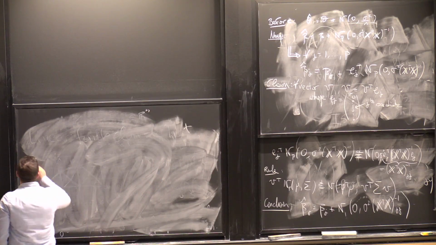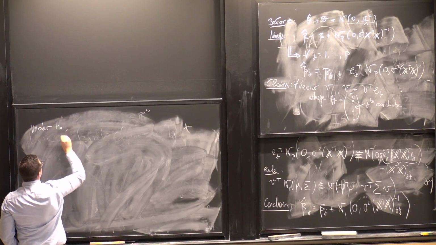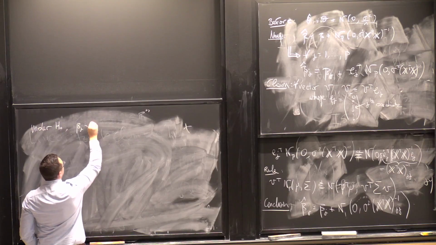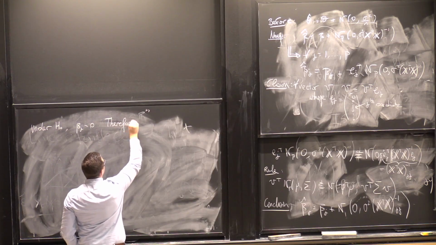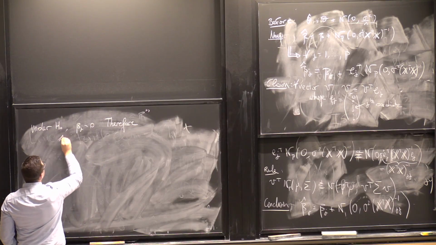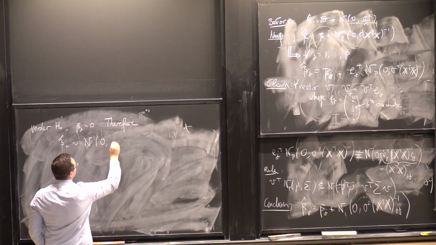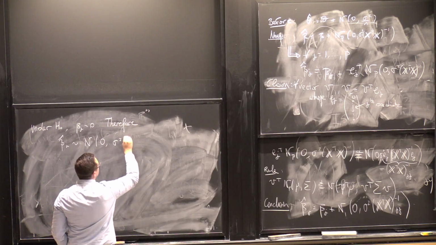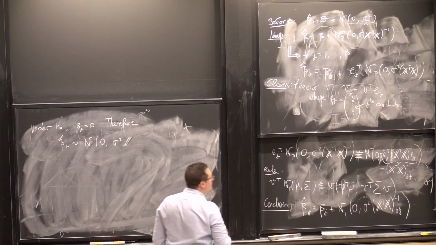OK, so what we have now is that under H0, beta j is equal to 0. Therefore, beta hat j follows some N(0, sigma squared times gamma j). And I'm going to call this, just like I do in the slide, gamma j.